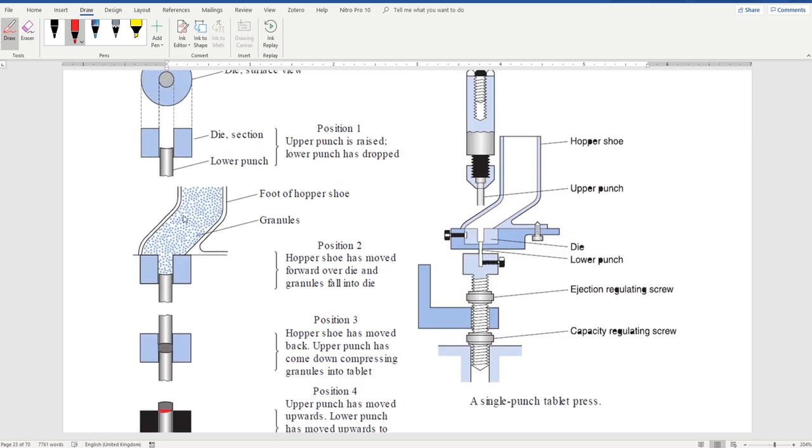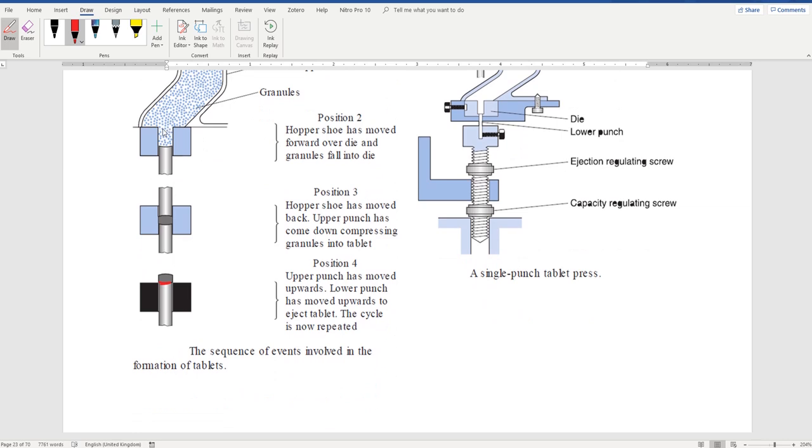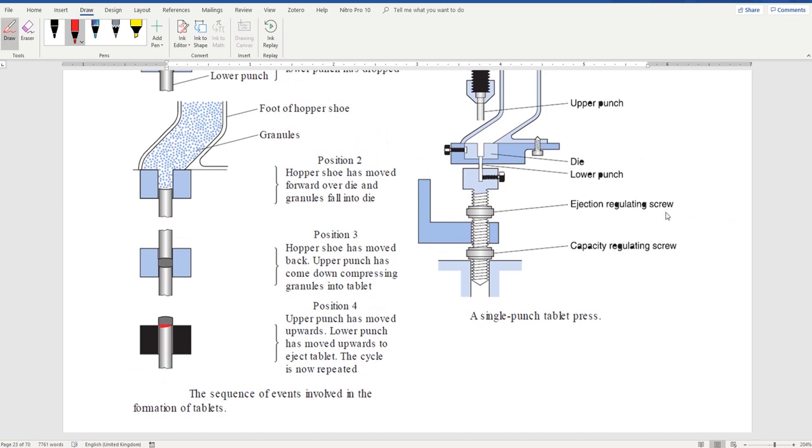So which one is responsible for the compression? The upper punch. Which one is responsible for the weight that is filled inside? The lower punch. Which one is responsible for the ejection? The lower punch. That's why the ejection screw, meaning for the lower punch to travel exactly to the surface, is controlled in the lower punch screw.